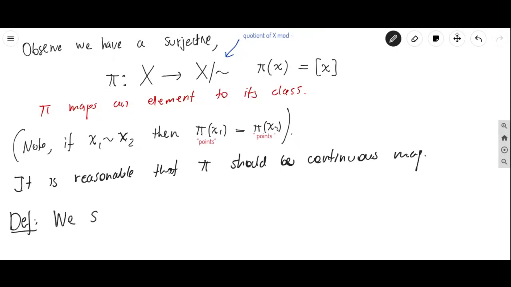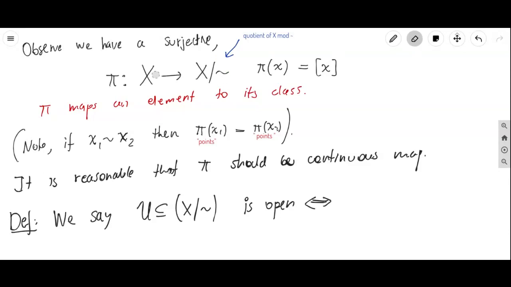So we say that U, a subset of the quotient, so you have to understand that this is now a set of equivalence classes. So it's like a set of sets. It's a set of equivalence classes. So we say that a subset is open if and only if, well, if you want this mapping to be continuous, then what's the requirement for continuity?